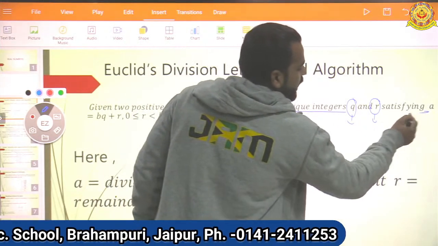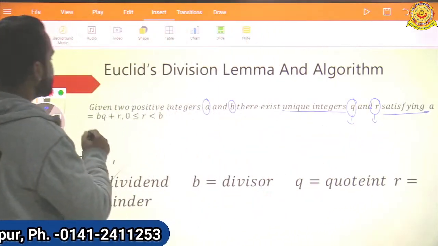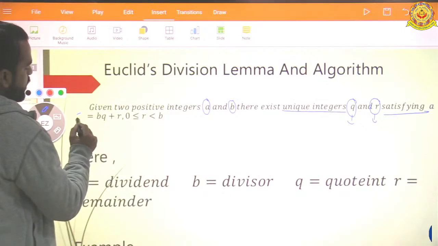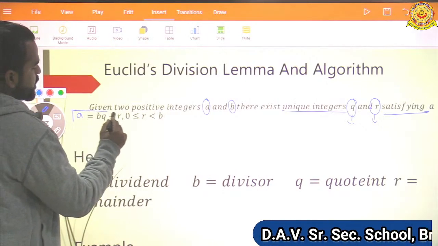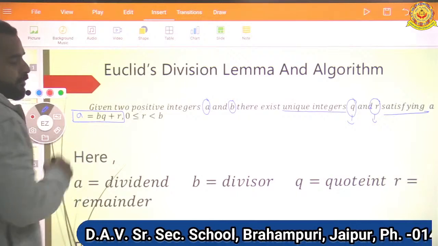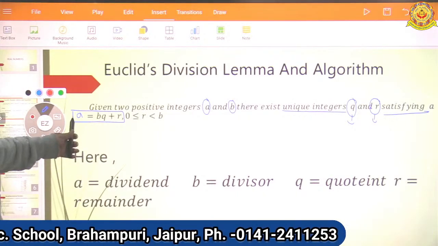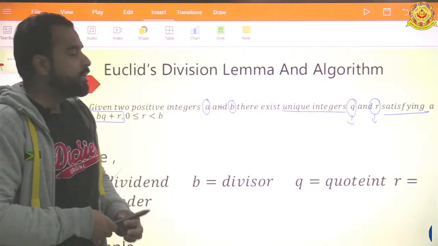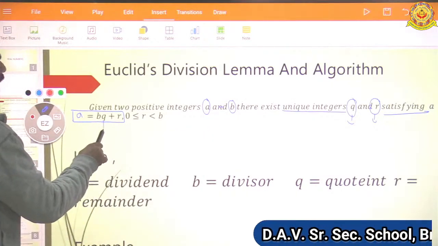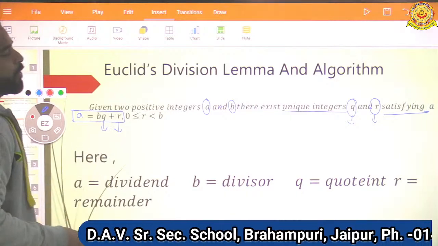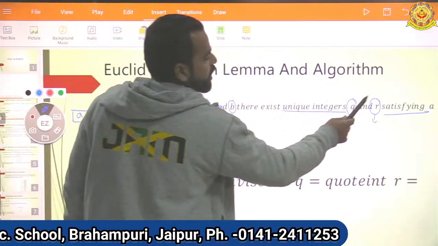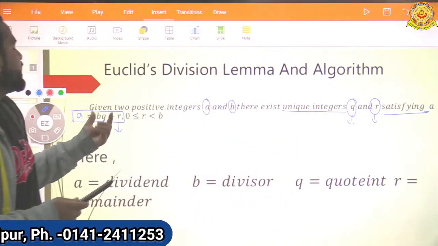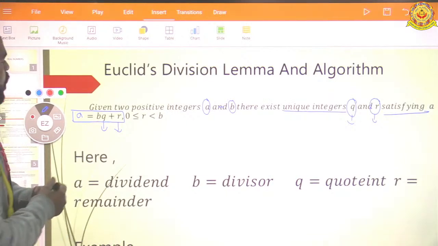In this way, it satisfies the equation a = bq + r. As we studied, a and b are two positive integers, which can be anything, and q and r are the two unique integers.